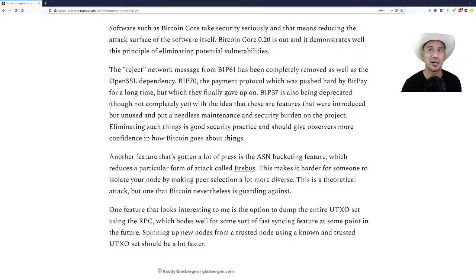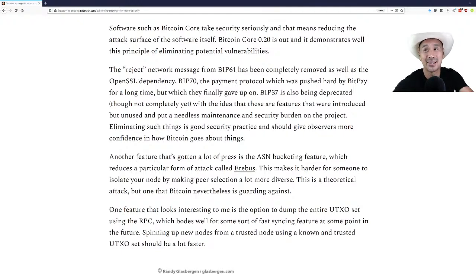BIP70 was a payment protocol put in there by Mike Hearn and Gavin Andresen, and they both were pushing it really hard. It had ways for refunds and stuff, but it was not privacy preserving. It actually leaked a lot of information, and BitPay actually wanted to make this a standard, and they finally gave up on it earlier this year.